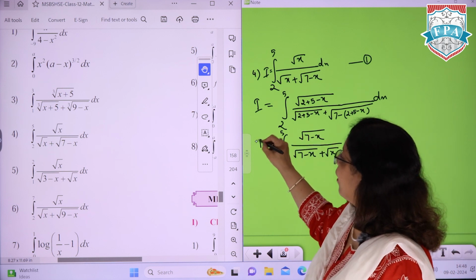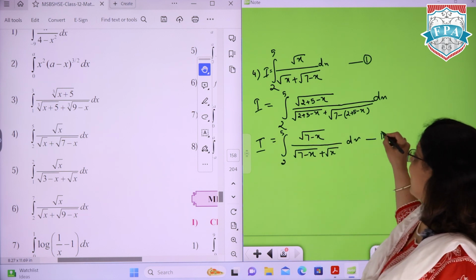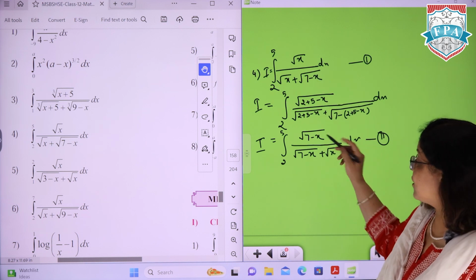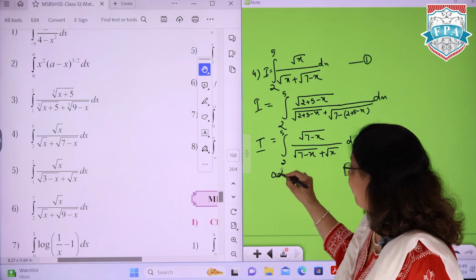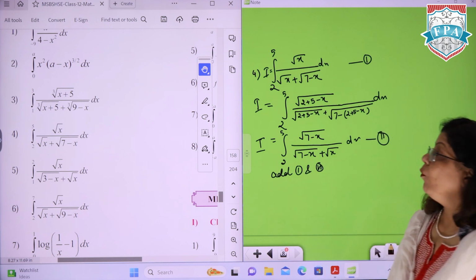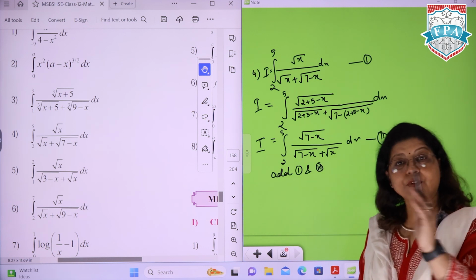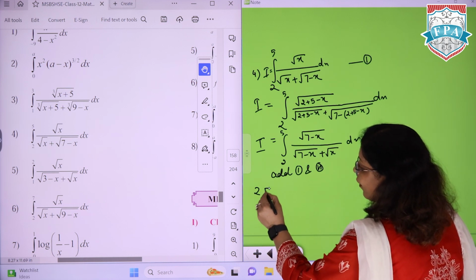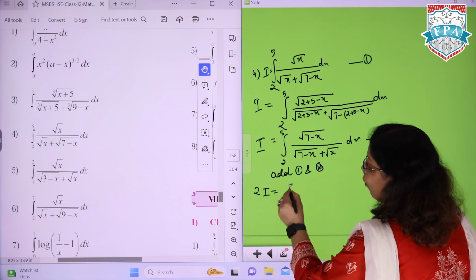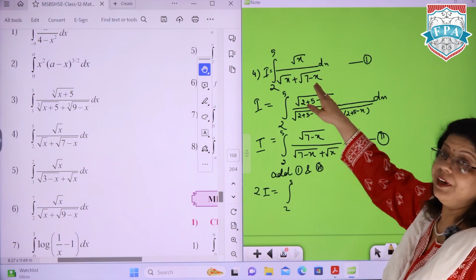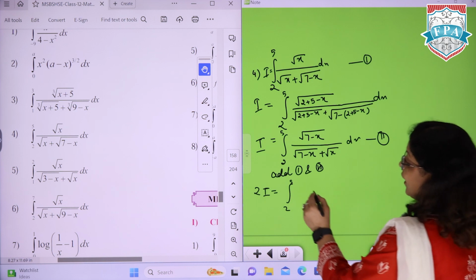So now what you do is name it as second. So first is this, second is this. We will add them. Add 1 and 2. When we add 1 and 2, the left hand also gets added. It becomes 2I. And right hand now will become 2 to 5 because denominator is common, so that becomes the LCM.